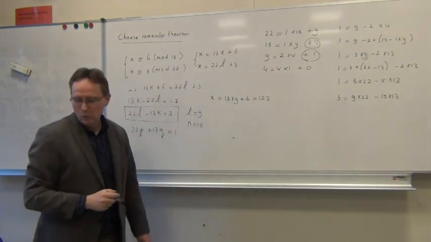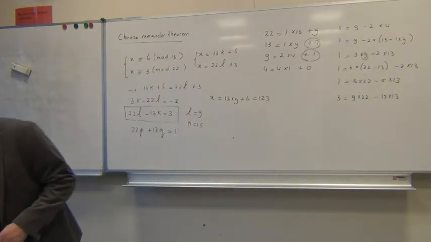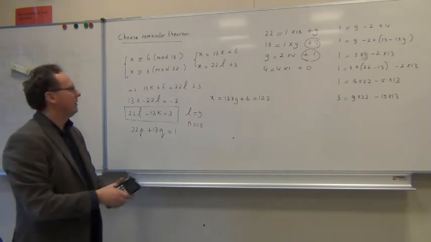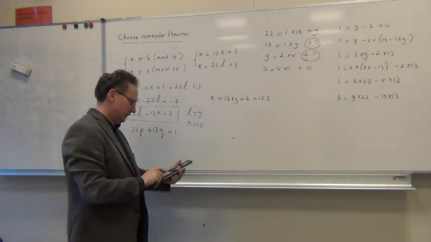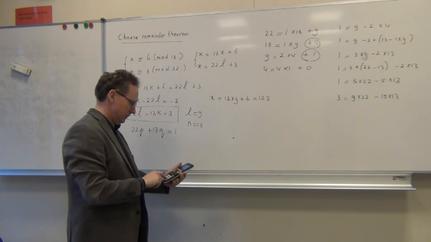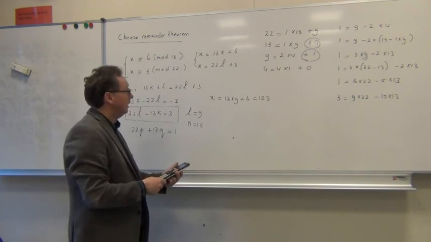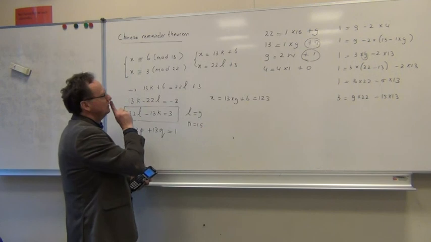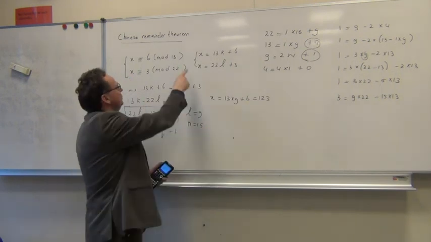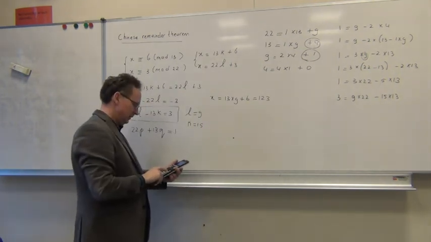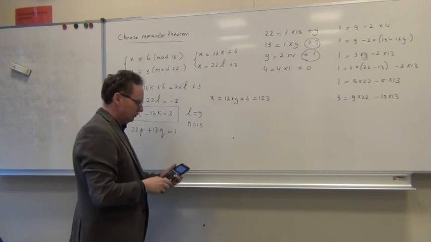That is one solution, and according to the Chinese remainder theorem, that's the unique solution modulo 13 times 22, which is 286.